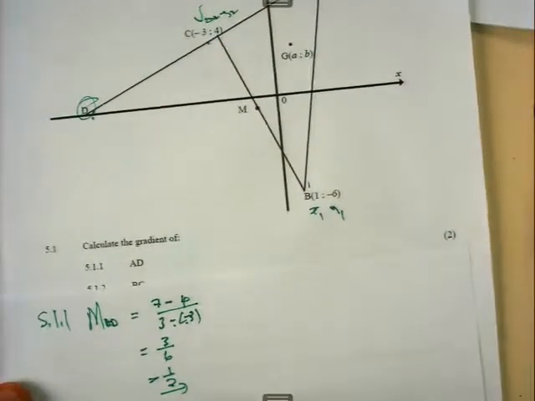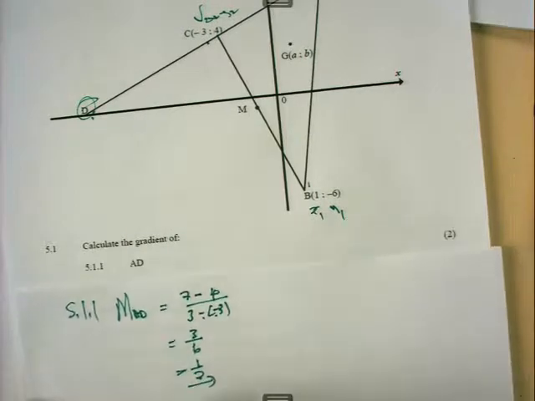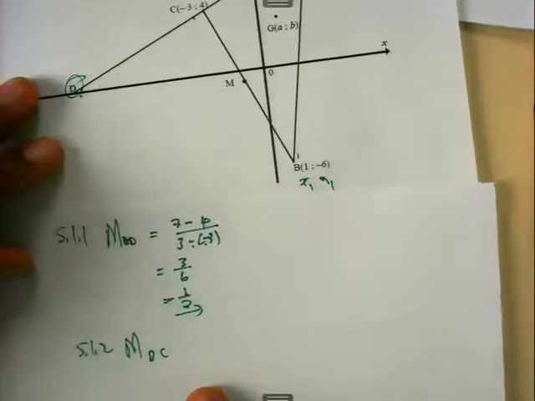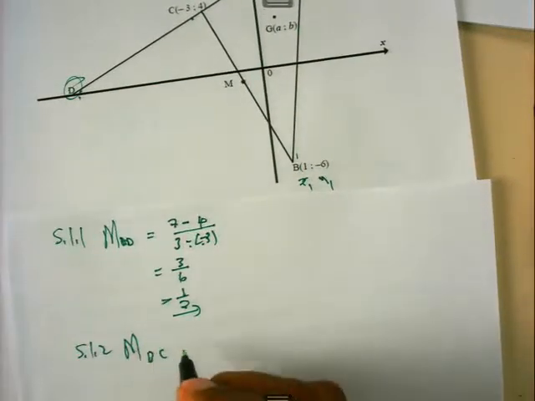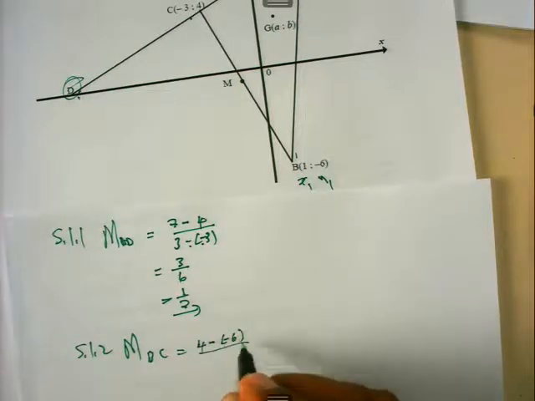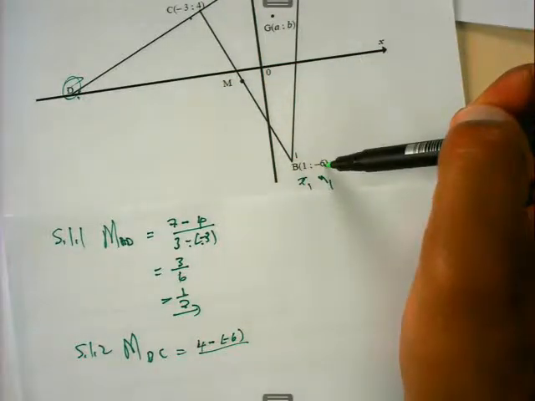Right, now 5.1.2. Boys and girls, now the gradient of BC, now we have what? We have y2, there is a 4 minus 6.